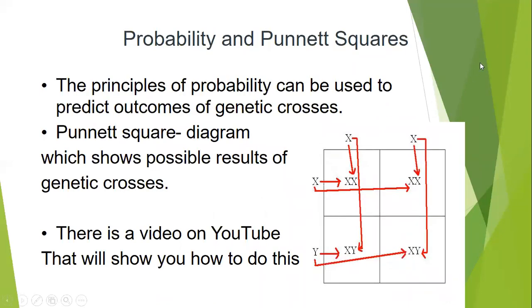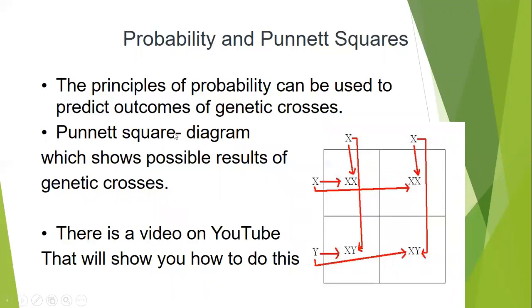Probability and Punnett squares. I'm going to put up a YouTube video on how you do this. And so here is a very brief explanation of probability, as well as a very simple Punnett square. This is probably a little bit confusing to some of you, so don't worry. Up on Google Classroom, there's going to be a really easy to understand and really easy to follow video on basic Punnett squares.